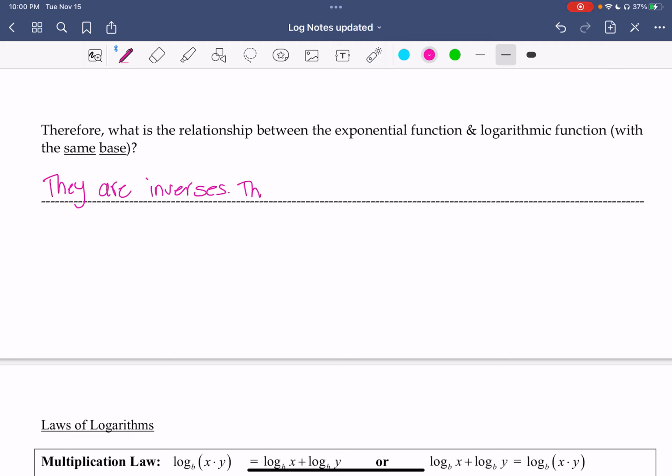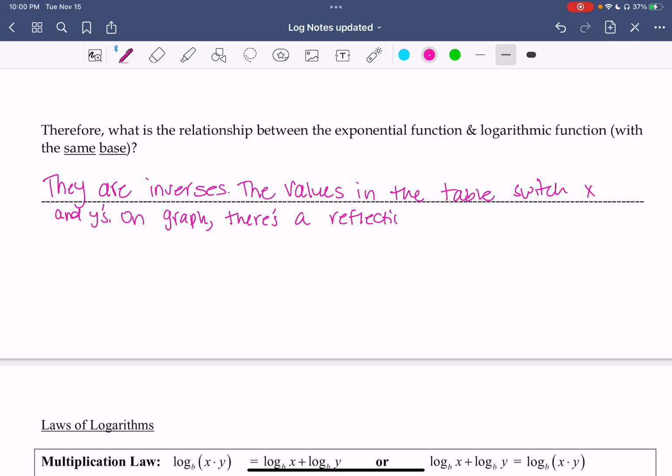The values in the table switch x and y's. And then on the graph, there's a reflection across the line y equals x, and then also the domain and the range switch.